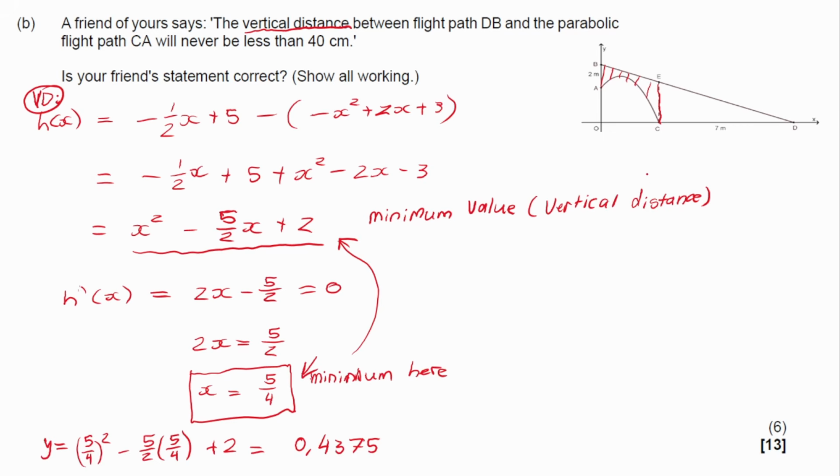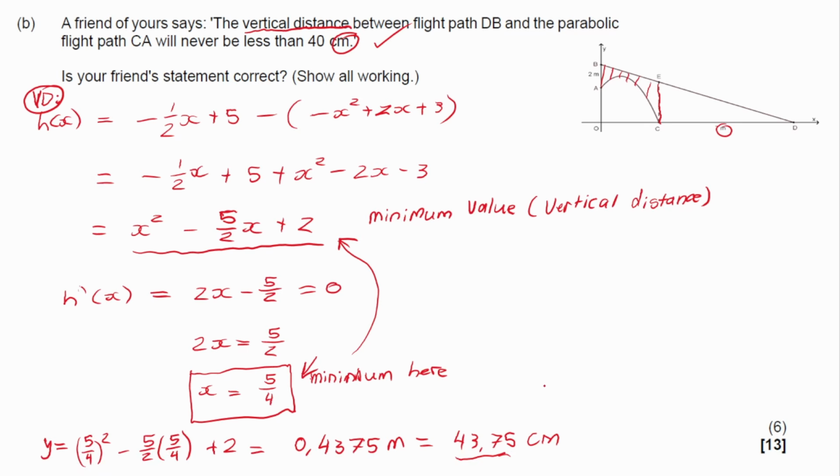And careful, all of our values are in meters, but they were talking about centimeters. So this is in meters, but this is equal to 43.75 centimeters. So our minimum distance is 43.75 centimeters. And it's true that they'll never be closer than 43.75 centimeters. So your friend's statement is correct.